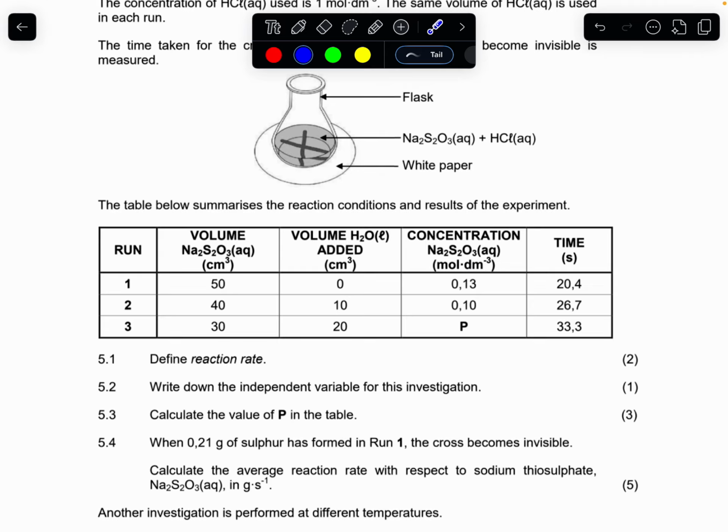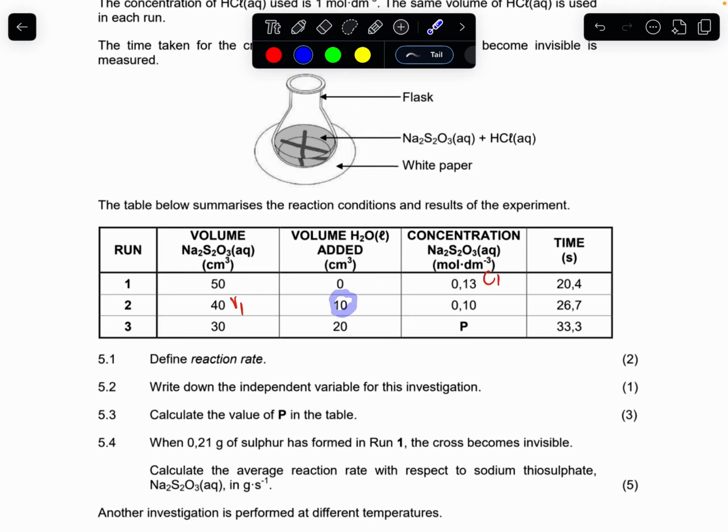But in run 2, the initial concentration is this, but they used a different volume. So this is going to be C1, and this is going to be V1 for run 2. The water that is added for solution 2 when it's diluted is 10.